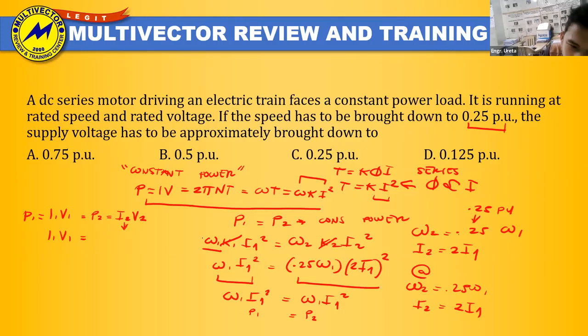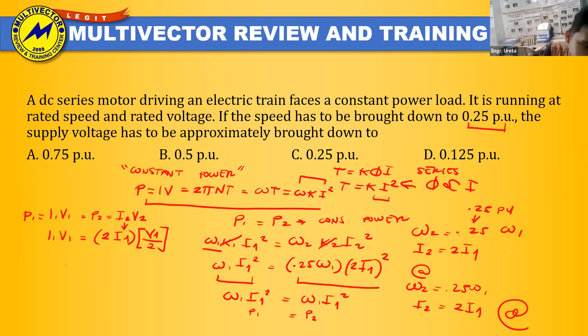But our I2 based dito should be equal to 2I1, if we brought down the speed to 0.25 per unit. Ngayon, to maintain the balance, kailangan bawasan ko naman yung voltage, para maging constant yung power ko. So voltage ko should be V1 all over 2.